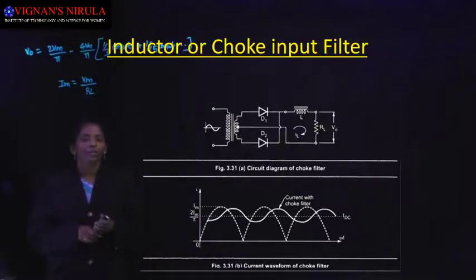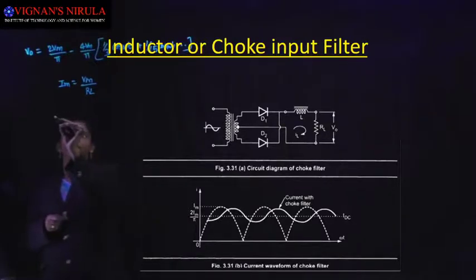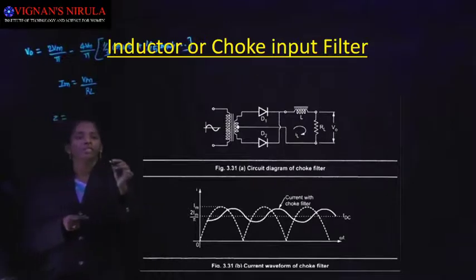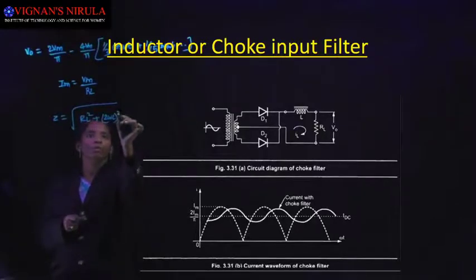Now here we are considering the series combination of inductor and resistor. So the impedance Z of the series combination is equal to square root of RL square plus (2 omega L) whole square.